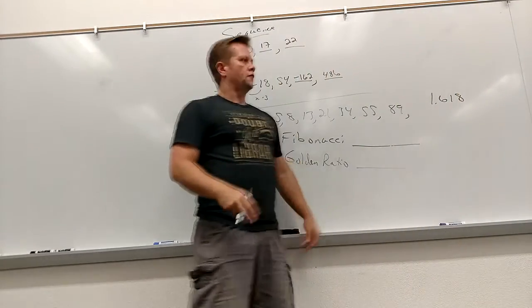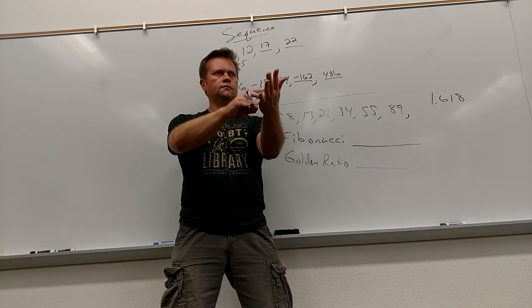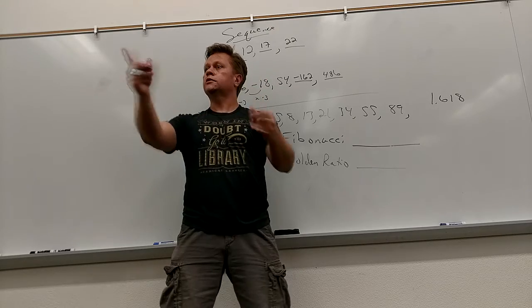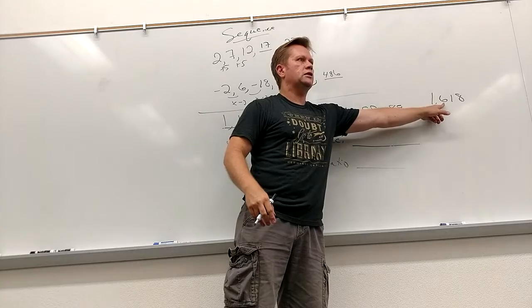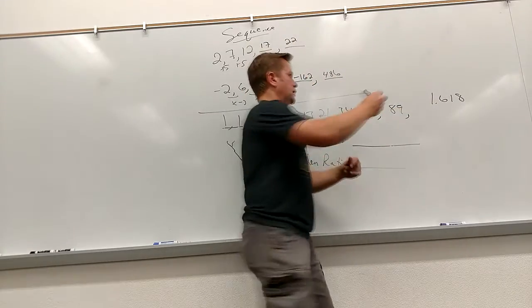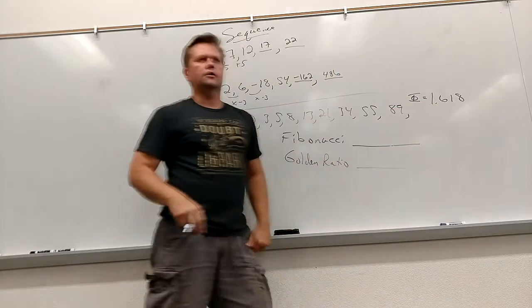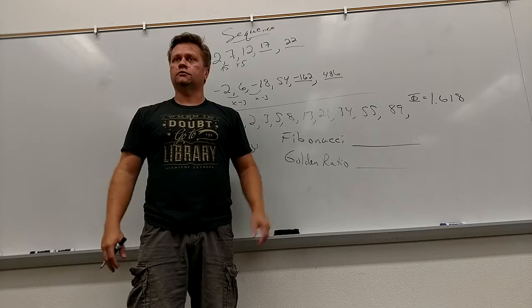If you keep dividing, what is 89 divided by 55? It'll be close to that, probably like 1.62 or something. 1.618? There you go. If you kept going in the sequence, it would keep coming out to this number. That's why we gave it this symbol, the Greek letter phi, or phi, depending on how you feel.